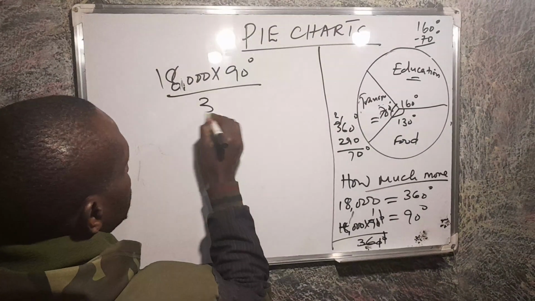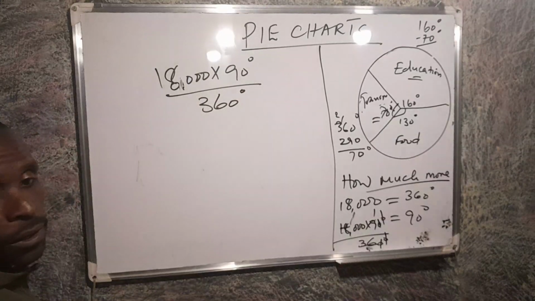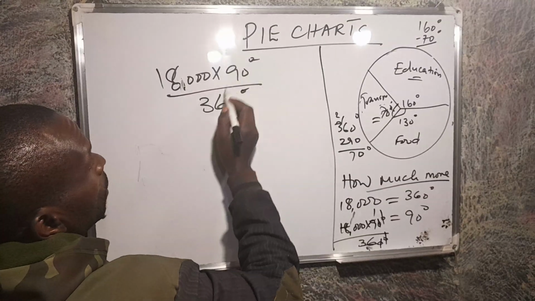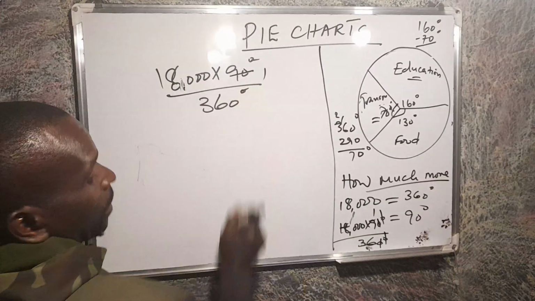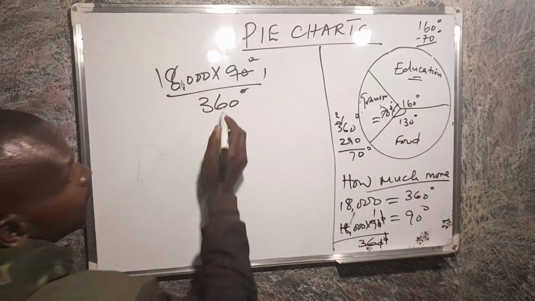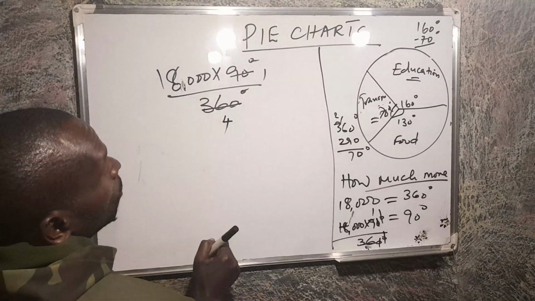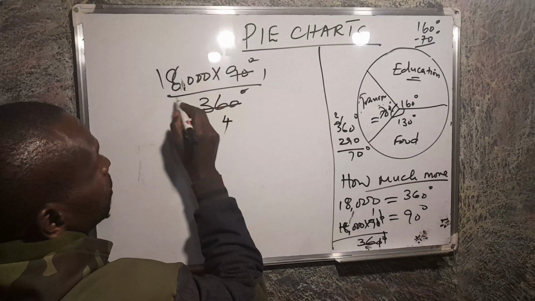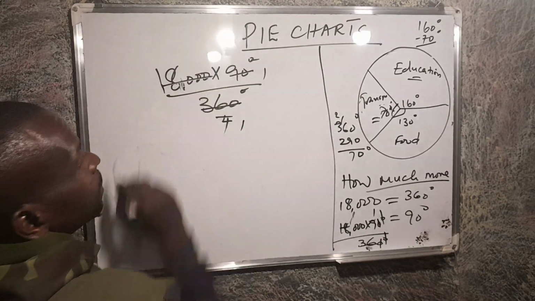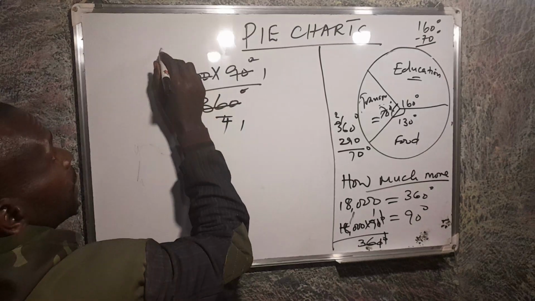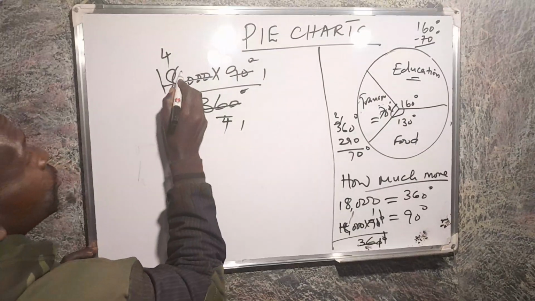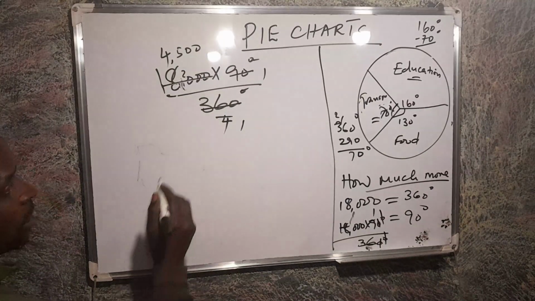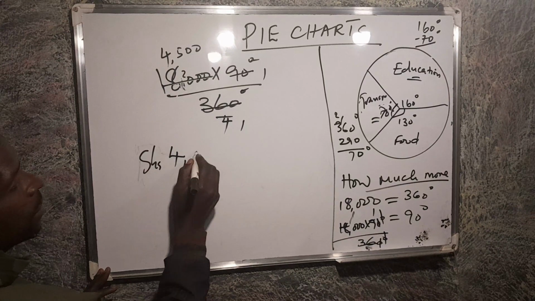We are dividing it by 360 degrees. Degrees and degrees cancel. This goes once, this goes 4 times, with 20 remaining, 5. That is 4,500. Shillings 4,500.